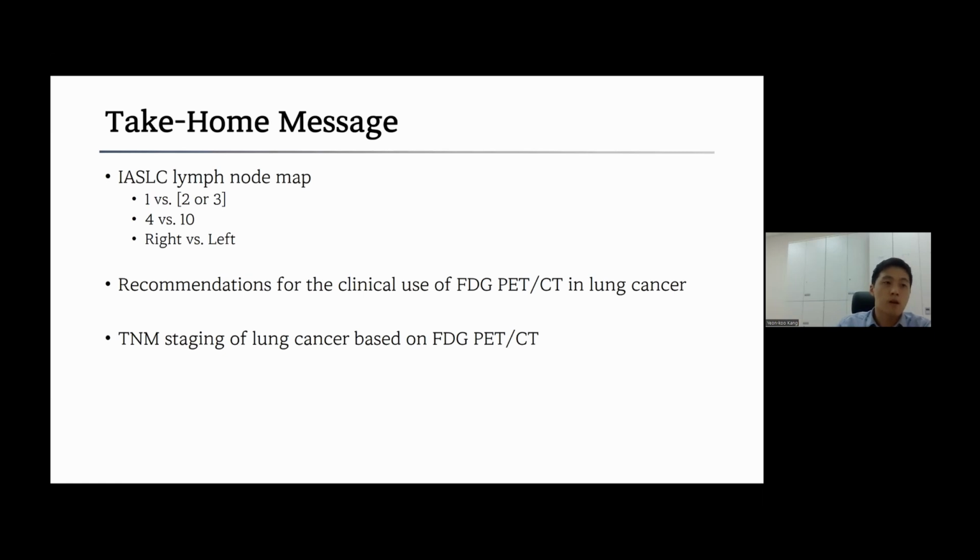You're asking about the differentiation between malignancy and lung tuberculosis. That's a very difficult and ambiguous point. As far as I know, there are no absolute criteria for differentiation between tuberculosis and lung cancer.